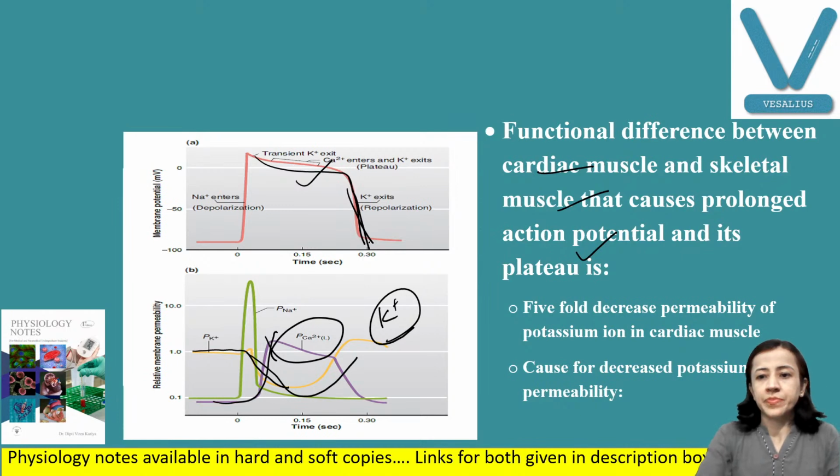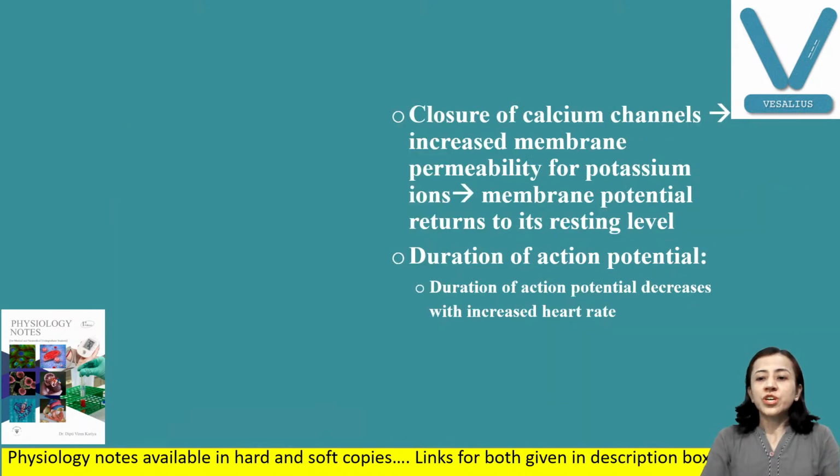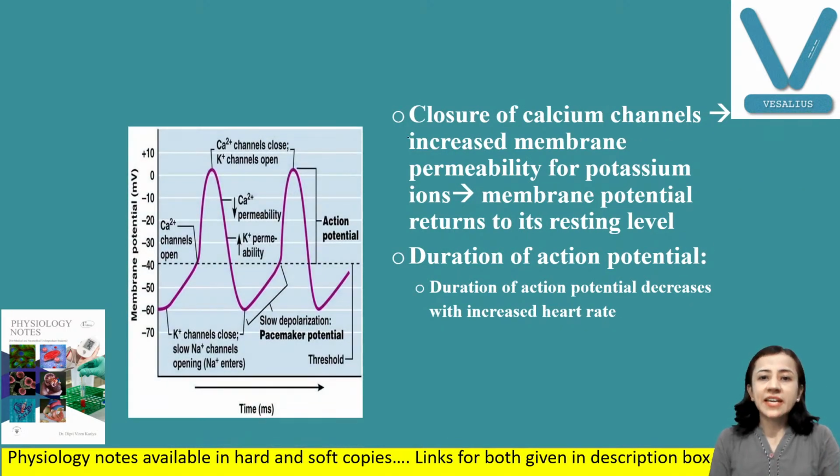It will not allow repolarization. Fine. Now closure of calcium channels. At the end of plateau phase, calcium channels close. So what happens? There is increased membrane permeability for potassium ion, and then there is repolarization state. Now duration of action potential in cardiac muscle: when heart rate is 75, duration of action potential is about 250 milliseconds.